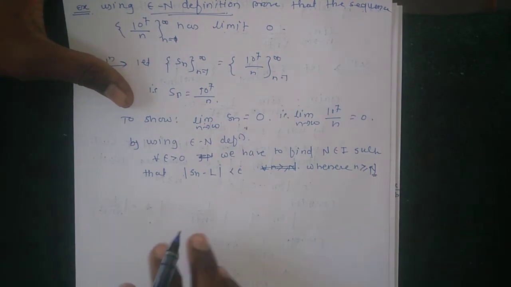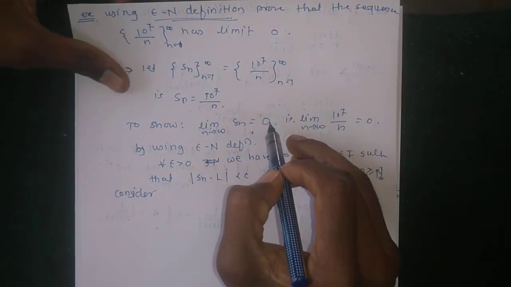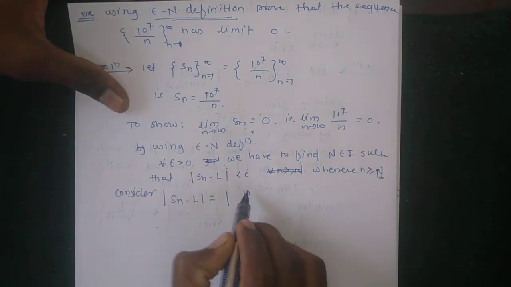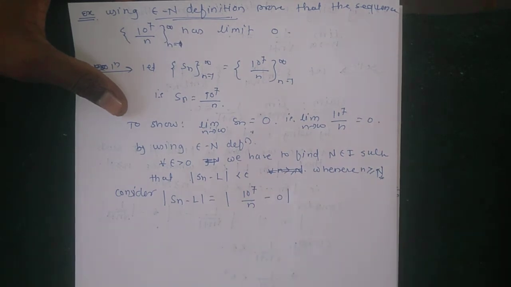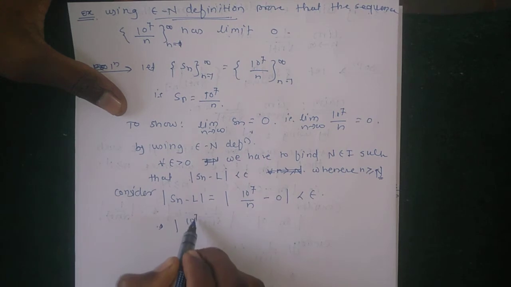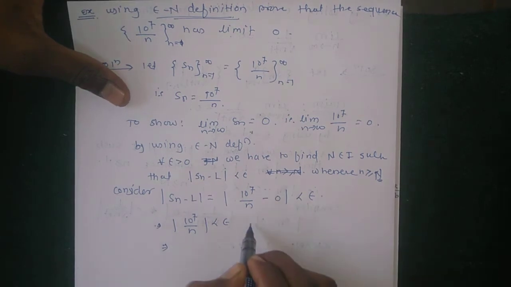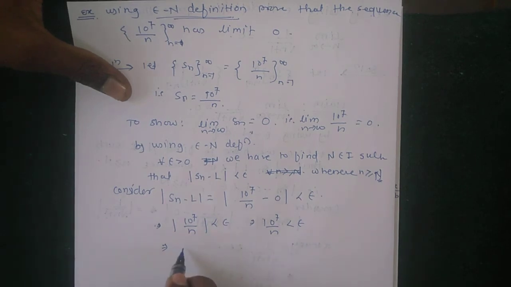We have to show the sequence S_n has limit 0. So consider |S_n minus L|, where S_n is 10^7/n and the limit is 0, so |10^7/n minus 0| is less than epsilon. This implies 10^7/n is less than epsilon, which implies 10^7/epsilon is less than n.